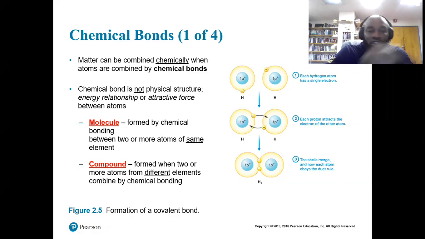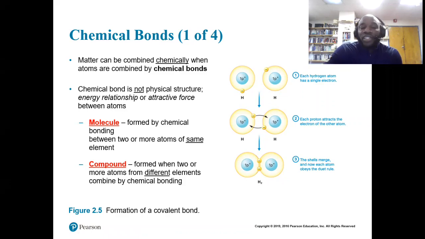When we breathe in oxygen, it goes into our mouth, down our trachea, into our bronchioles, into our lungs, our alveoli, then transfers to our bloodstream, gets pumped by our heart throughout our body, right? That's oxygen. So two oxygen atoms bound together is a molecule. So two atoms of the same element.